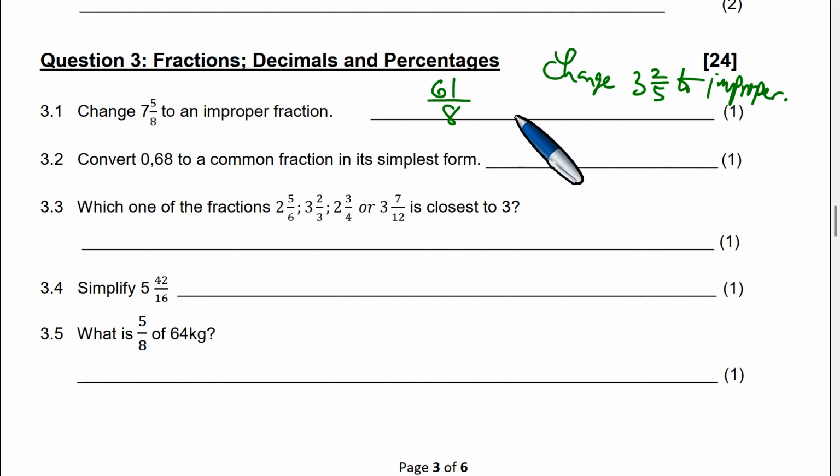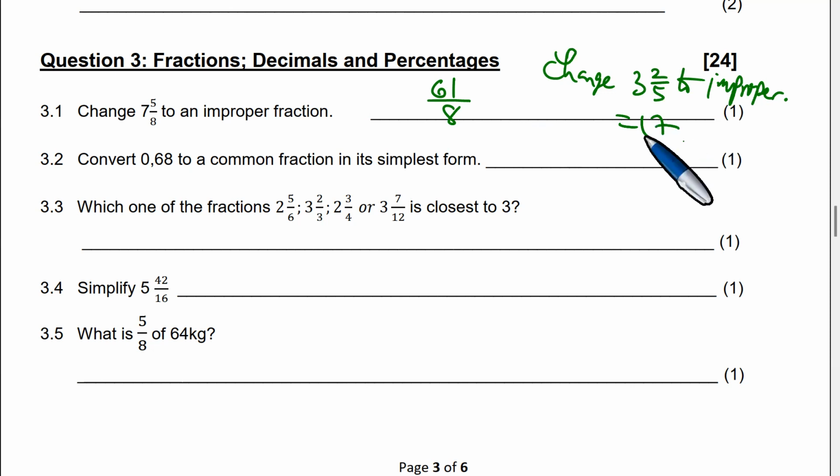How did you get 15 out of 5, Lindsay? So let's multiply the whole number 3 times 5, which gives you 15, plus 2 gives you 17 over 5.